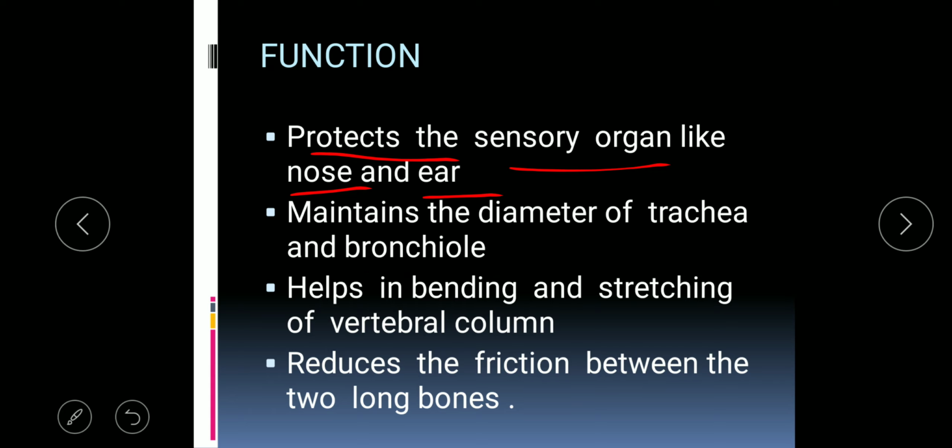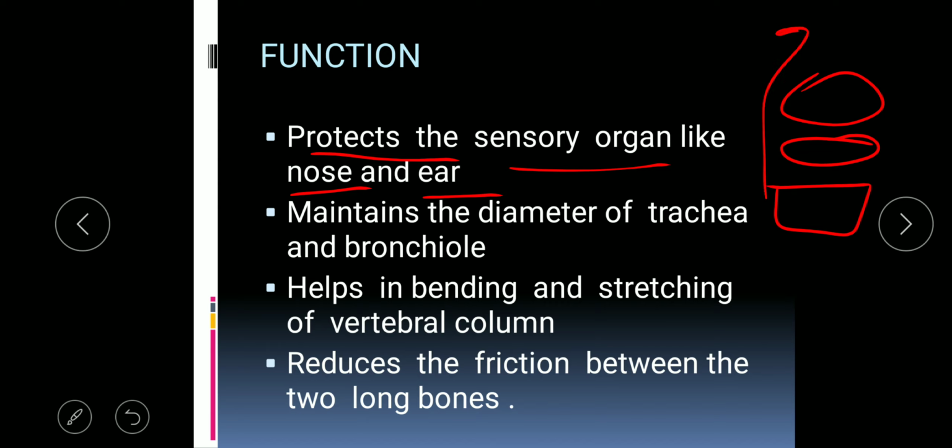When it is present as intervertebral disc between two vertebrae, only then is the vertebral column flexible, and the bending and stretching of the vertebral column is possible because of the layer of cartilage pad between the two vertebrae.